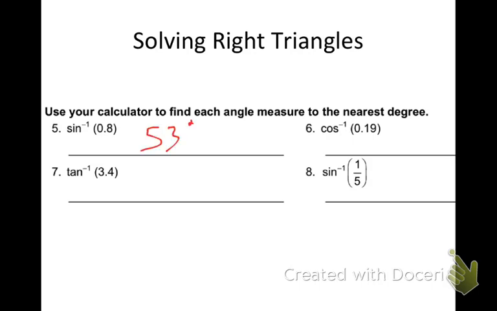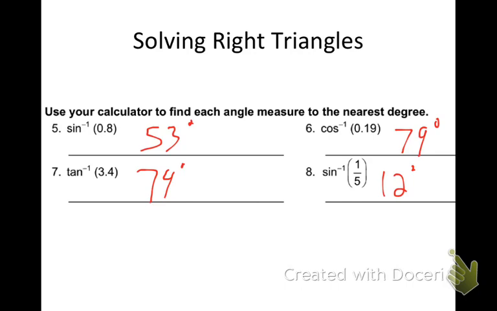Number 6, the cosine inverse of 0.19 is what, Nick? 79 degrees. Oh, I forgot I got 2 Nicks in here now, don't I? Number 7, the tangent inverse of 3.4 is what, Bryce? 74 degrees. And number 8, the inverse sine of 1/5 is what, KZ? 12 degrees. Nice job.